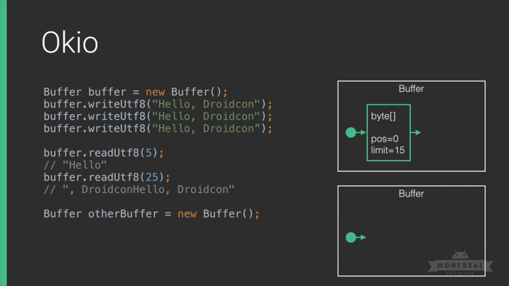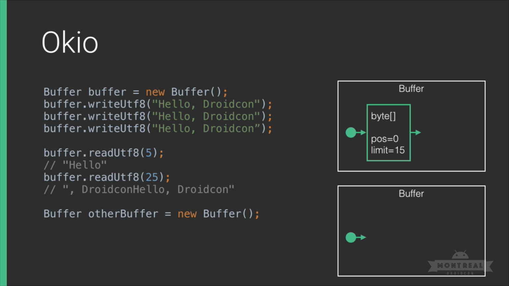Now, a really interesting behavior, and again, one of the core fundamentals of how OkIO makes things efficient, is when you're moving data between buffers. Because this is what we saw when we had our BufferedInputStream and our InputStream. Each had a buffer, and we had to move data between the two.